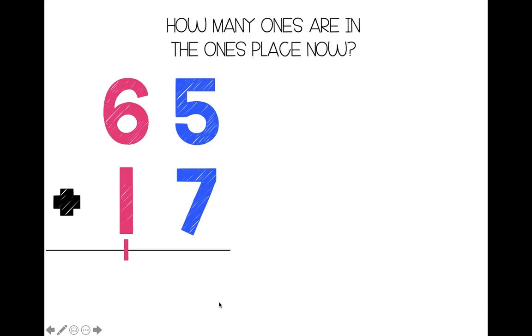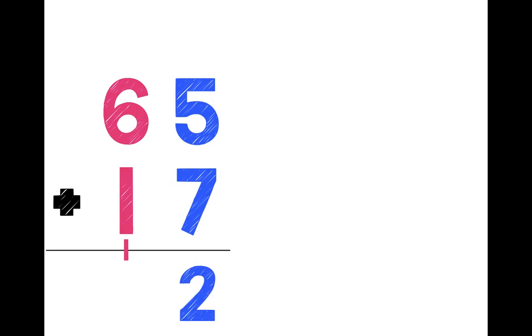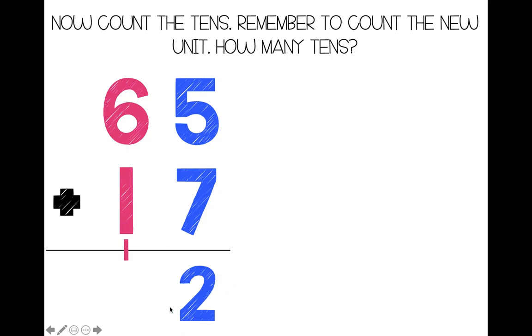How many ones are in your ones place now on your place value chart? That's right, you're left with 2 ones. So we're going to write our 2 ones under our ones place on our vertical form. Now count your tens. Don't forget to count your new unit.